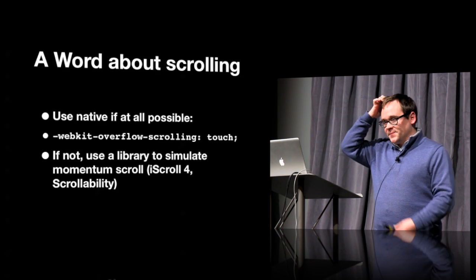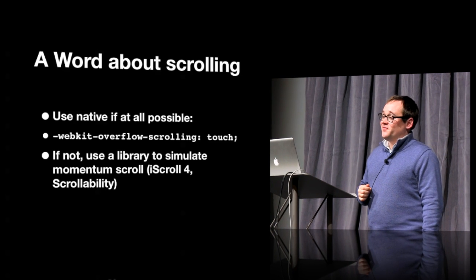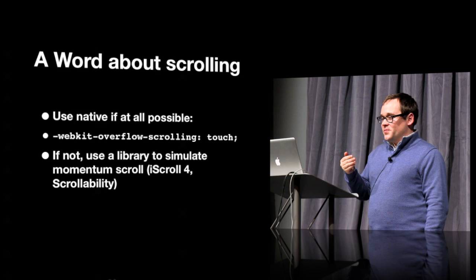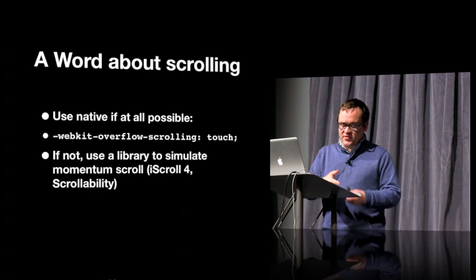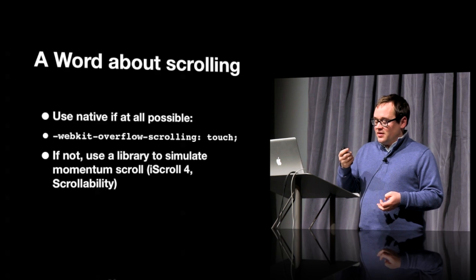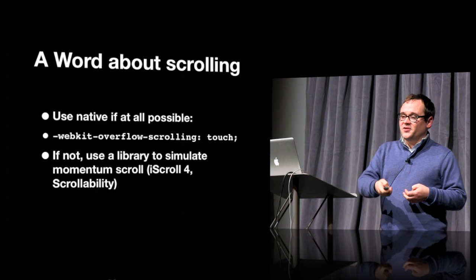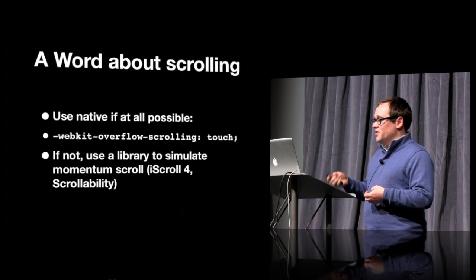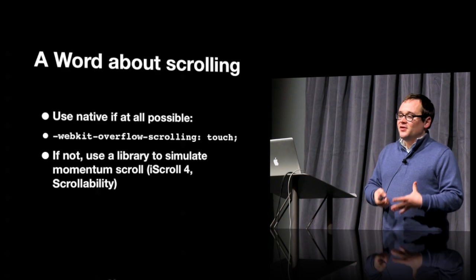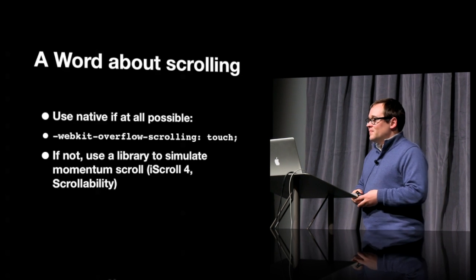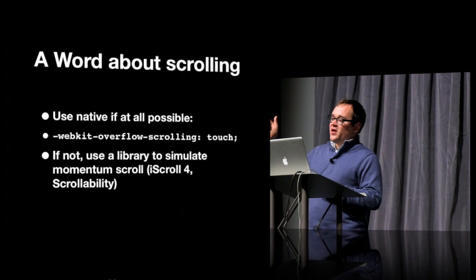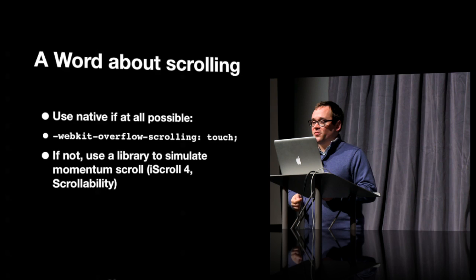Another word about scrolling: use native scrolling if you can, because there are a lot of people out there who, to overcome some interface issues, have implemented scrolling themselves. But scrolling is the most fundamental interaction you do with the device. If you are trying to make scrolling feel right, you have to climb a long way, because the user knows intuitively what scrolling is going to be like.